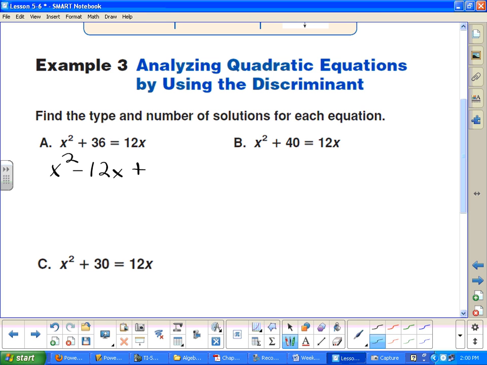So we're going to move the 12x to the other side. And then we're just going to do the b squared minus 4ac part of it, the part that's under the square root.